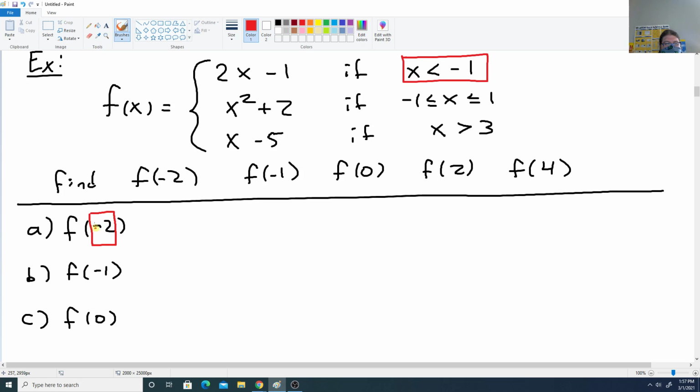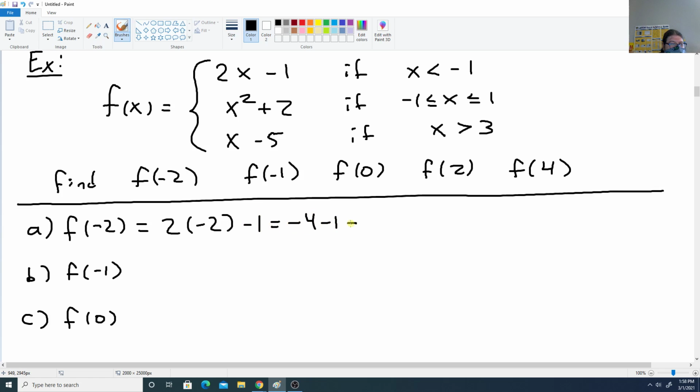So when I input a -2, that makes x less than -1 true. So that's how I know for this particular function, I use the top form of my line here. So I'm going to substitute x into the top form. So we get 2 times -2 minus 1. That's -4 minus 1, which is negative 5.